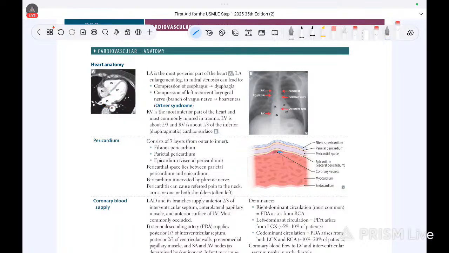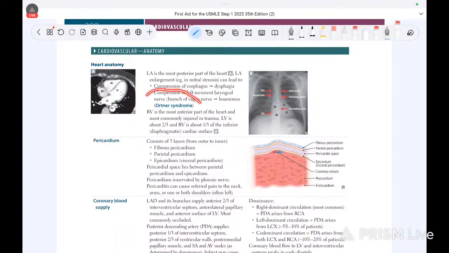And along with it, since the left recurrent laryngeal nerve passes through here, it is also getting compressed, hence there is hoarseness.